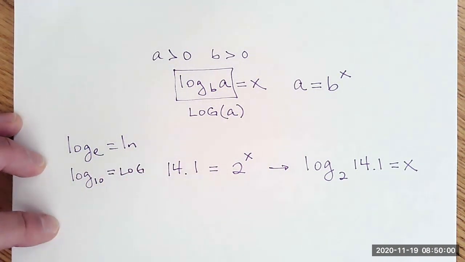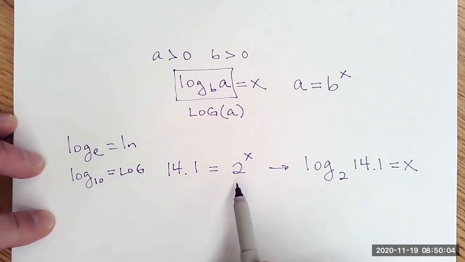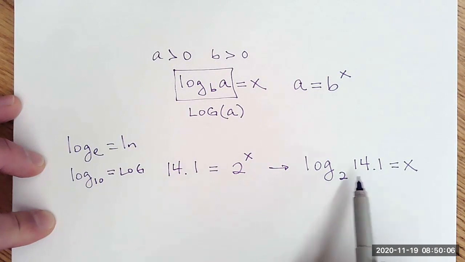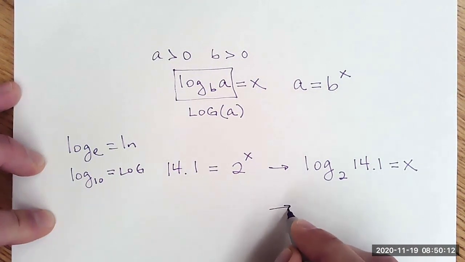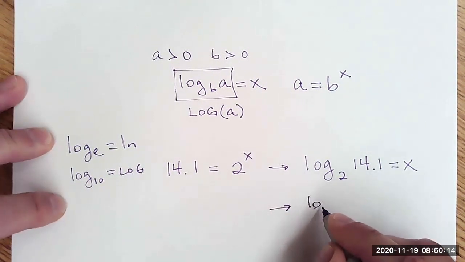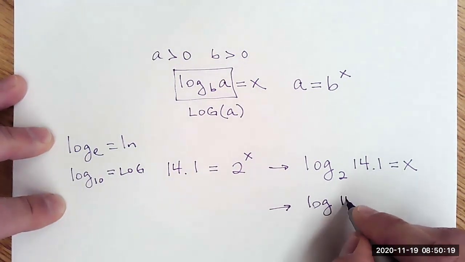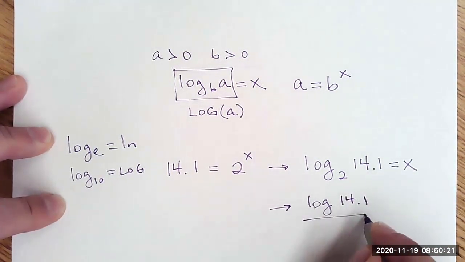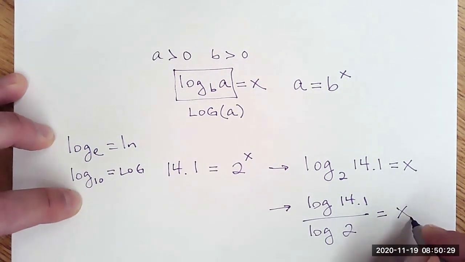All right, so because my calculator won't do base 2, I need to change this up, and I can change this expression into log base 10, or just log, of 14 1/10 over the same log with the same base 10, argument 2, equals x.